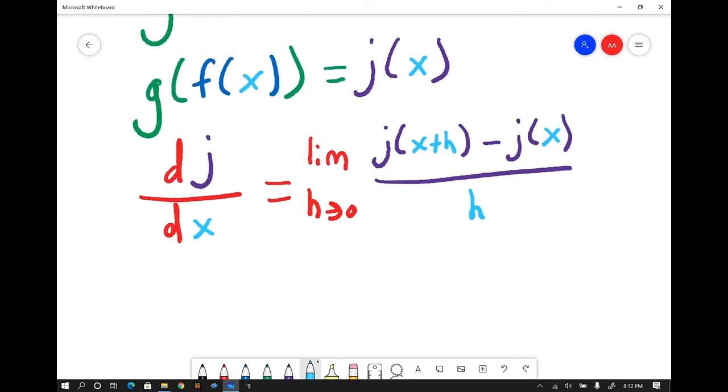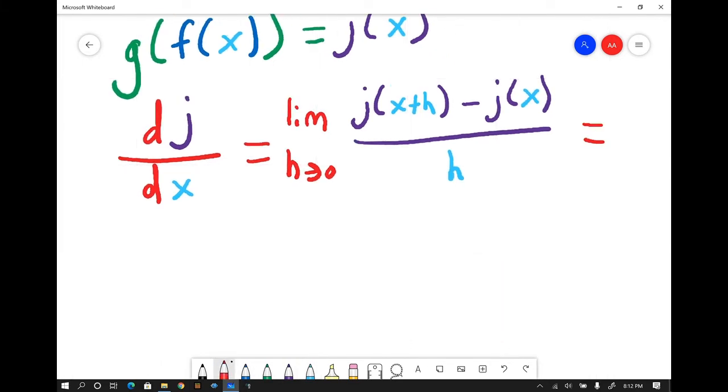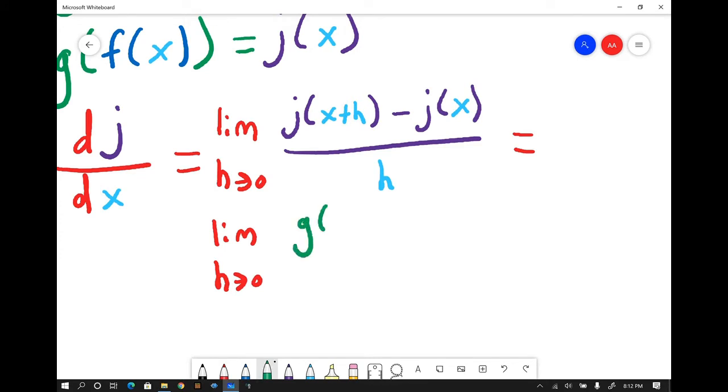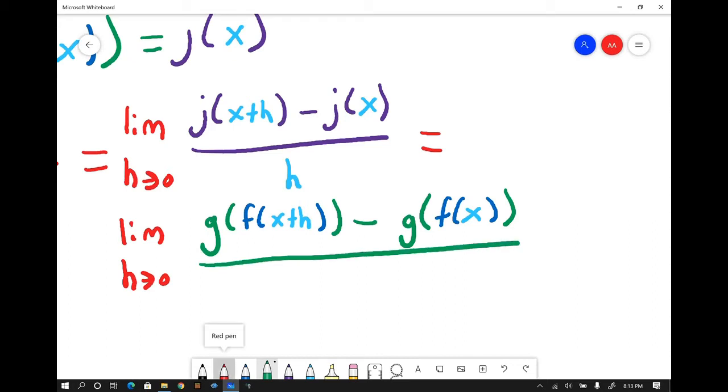Now, we can substitute our functions, so we'll have the limit as h goes to 0 of g of f of x plus h minus g of f of x all divided by h.